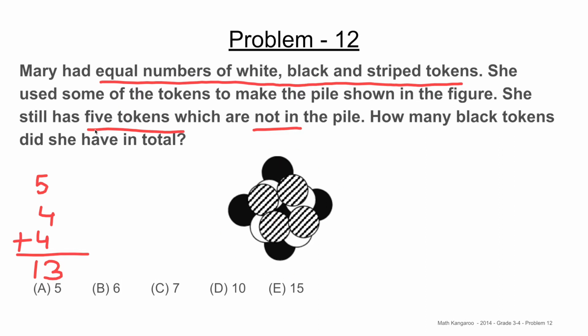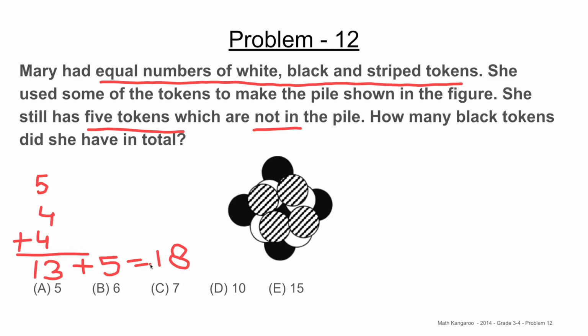We know that Mary still has 5 tokens left. So the total number of tokens she initially had, that is 13 plus 5, gives us 18 tokens in total.